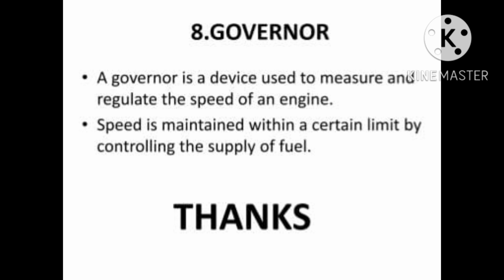So as the vehicle approaches that speed, the fuel supply is automatically cut off, and in this way they maintain a certain limit of speed. So speed is maintained within a certain limit by controlling the supply of the fuel.